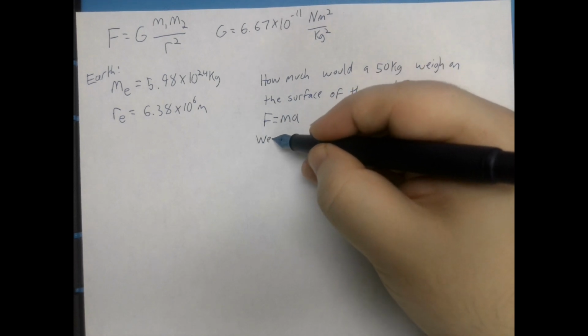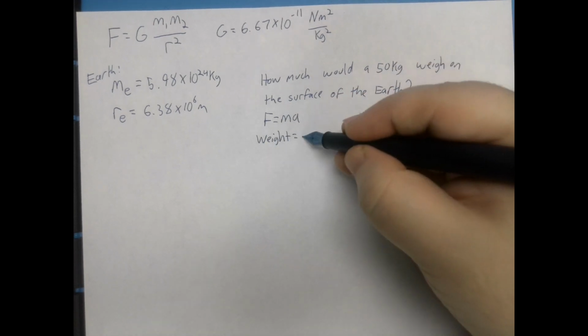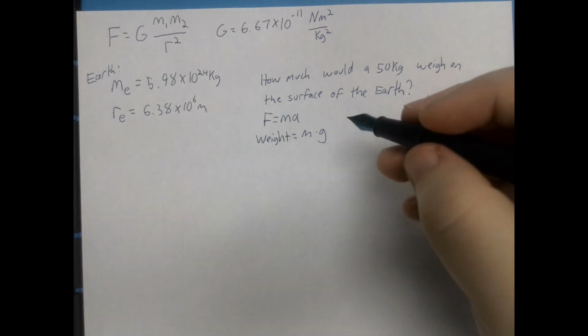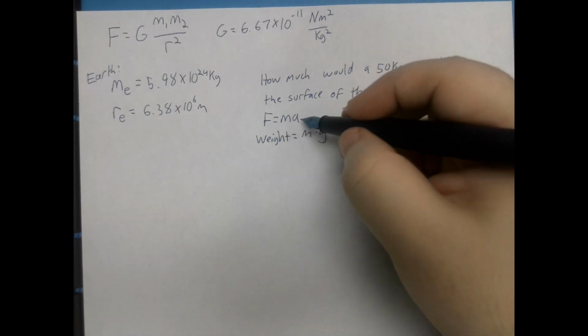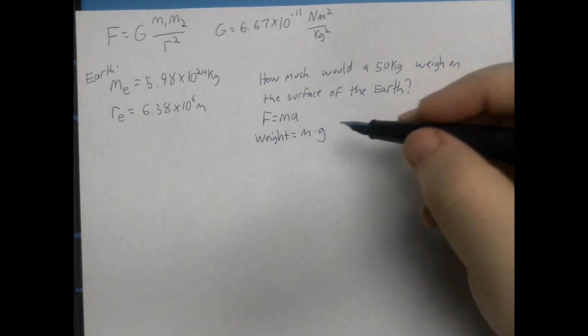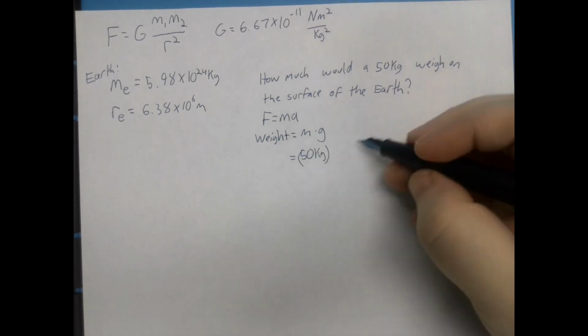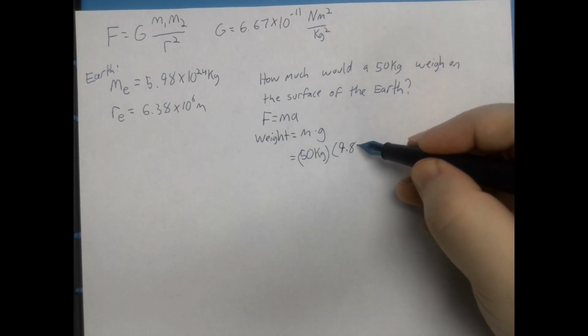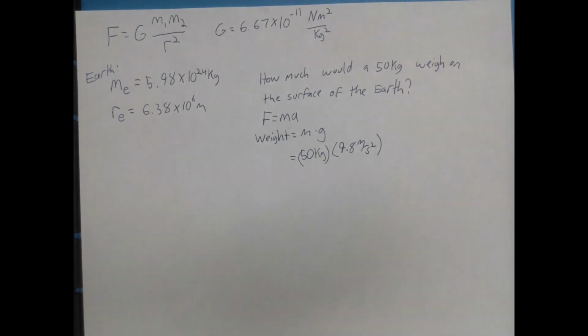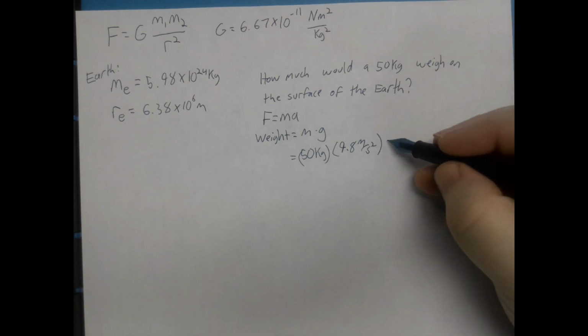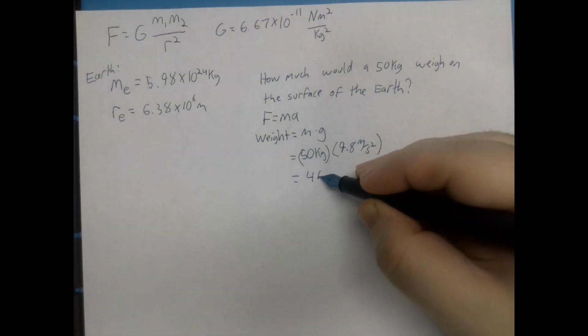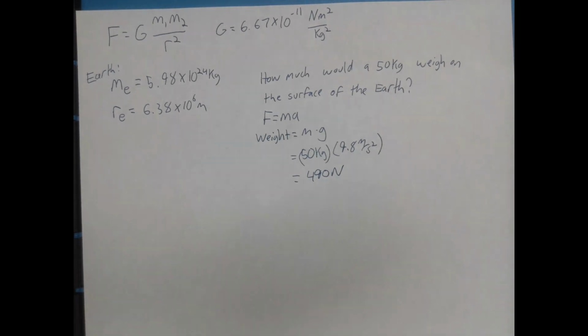So weight is equal to mass times the acceleration of gravity. You can use a for acceleration or g because it's a gravitational acceleration. So mass is 50 kilograms. We know that the acceleration is 9.8 meters per second squared. And we can see that it's 490 newtons.